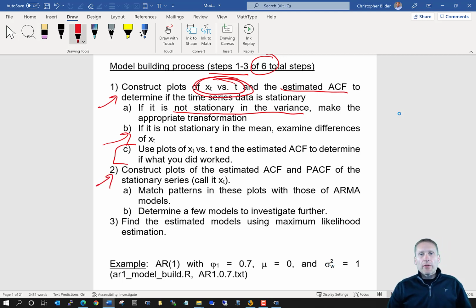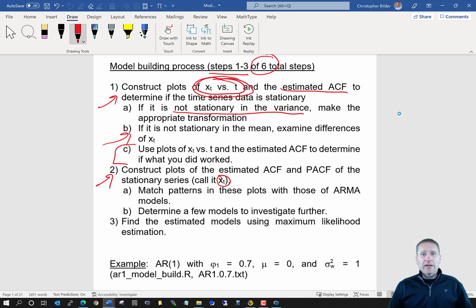Then step 2 of the model building process is to construct plots of the estimated ACF and PACF of the approximately stationary time series. Let's just simply call it x of t, even if we've made some kind of transformation of it. And then we match patterns that we see in these plots with what we would expect to occur for a particular ARIMA model.